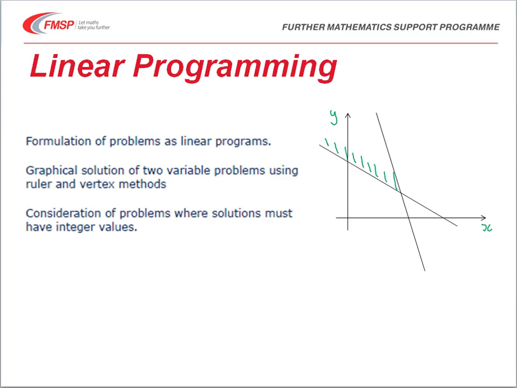What we do there is we shade out those values which are not allowed or not possible, remembering that x and y will be greater than 0, so we have constraints which say that y must be bigger than 0 and x must be bigger than 0. So we end up then with a region of the graph which is known as the feasible region.